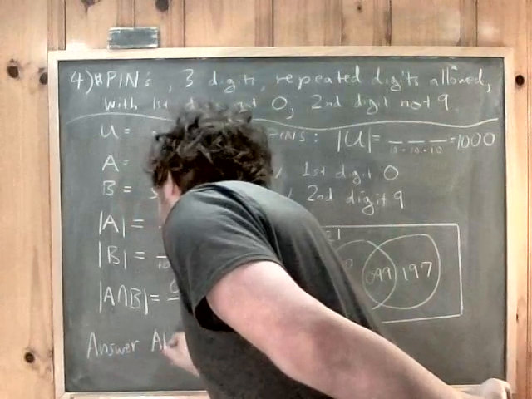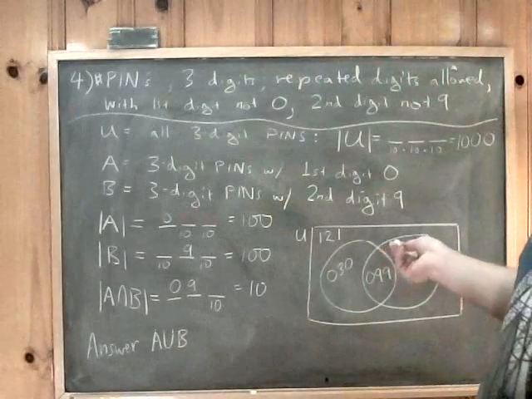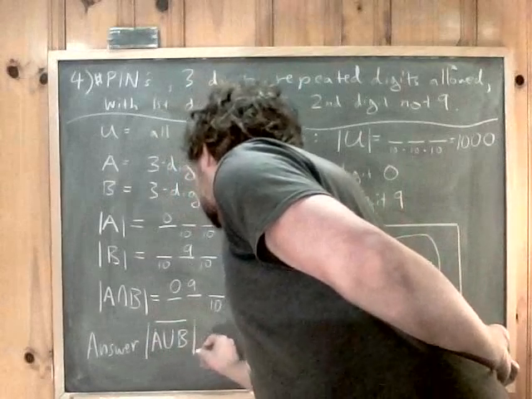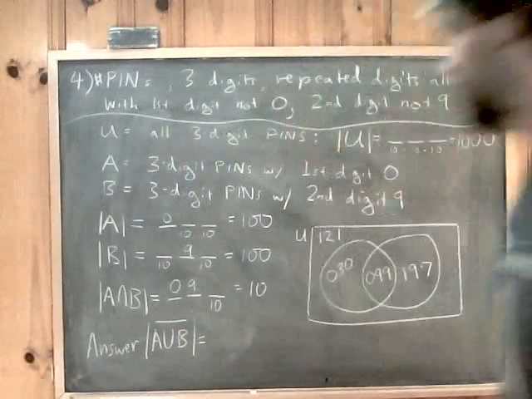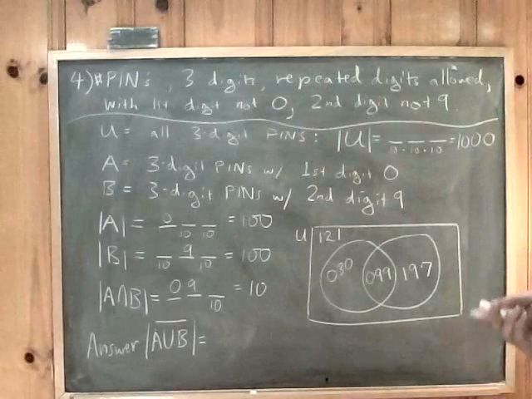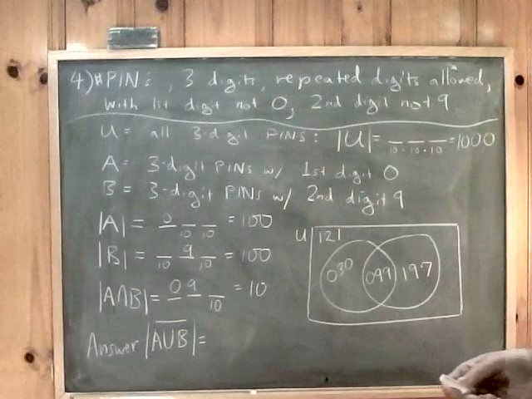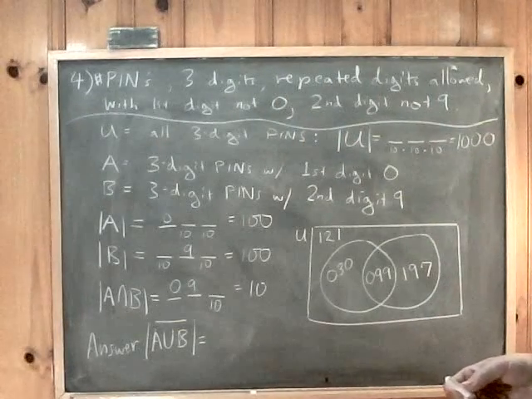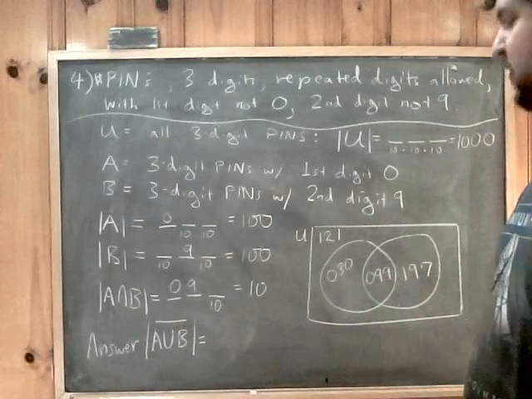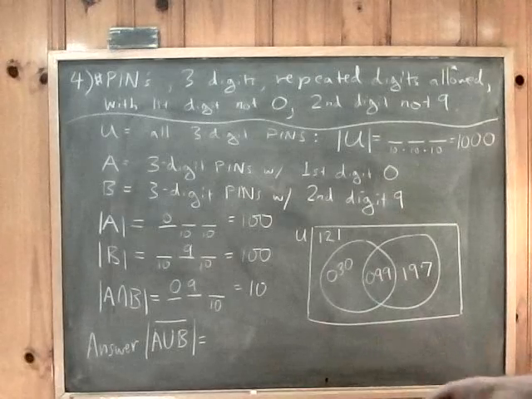In this case, what you can call it is the complement of A union B. And the formula for that, we've written it down several times, would be the whole set U counted, minus A minus B, but then adding back in A intersect B, the number of items in the middle, because we don't want to subtract those twice.